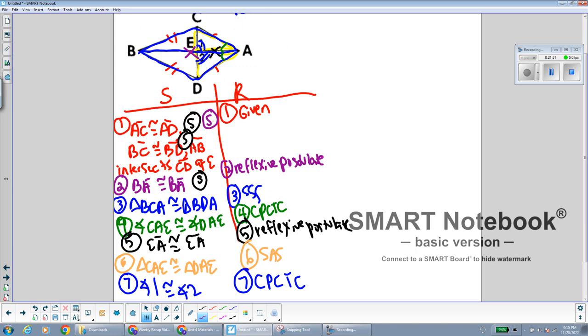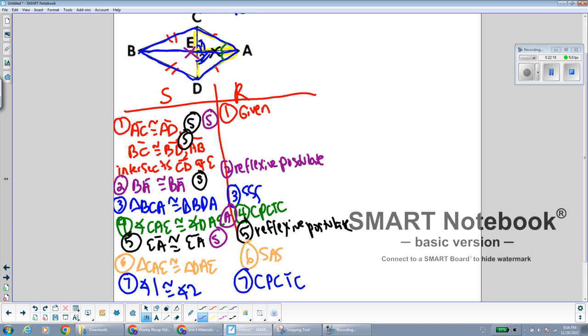And then from CPCTC, we got the angles in those triangles that we need. And then the other side is the shared side, which is EA congruent to itself. So there we have the side, angle, side to prove the two yellow triangles congruent by SAS. And then once we know the two yellow triangles are congruent, we know that their corresponding angles 1 and 2 are congruent by CPCTC. There we have it.